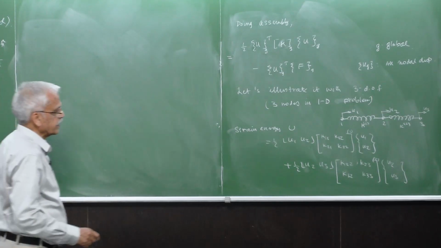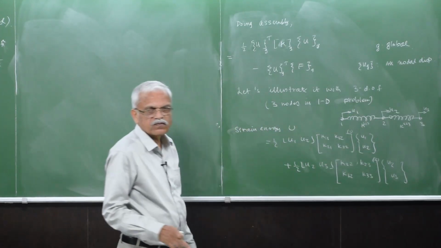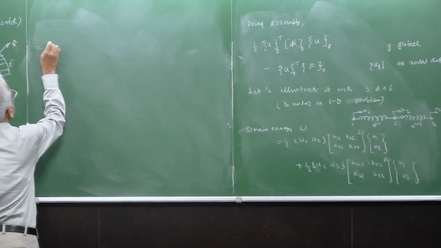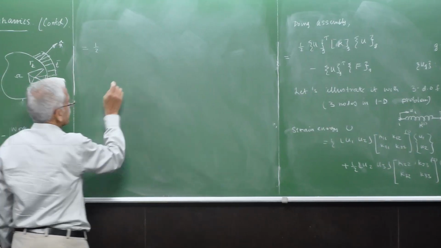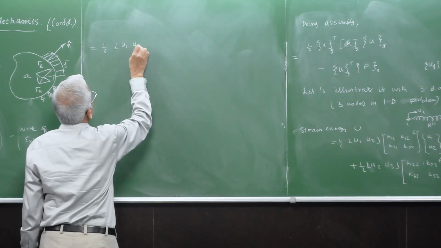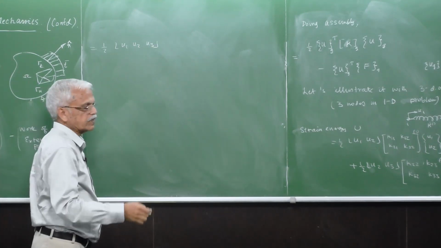How we do it is that we will expand each one of them to consist of all the degrees of freedom. So combining it, there's a half here. Let's combine this so that you have all the 3 degrees of freedom. Those are the global degrees of freedom.